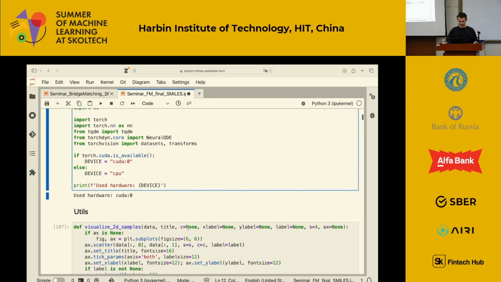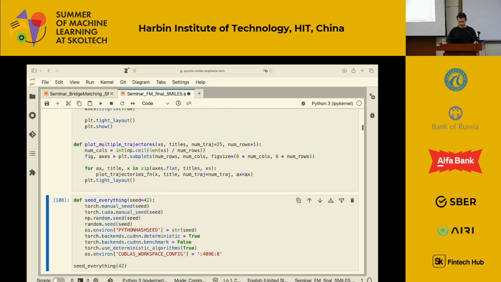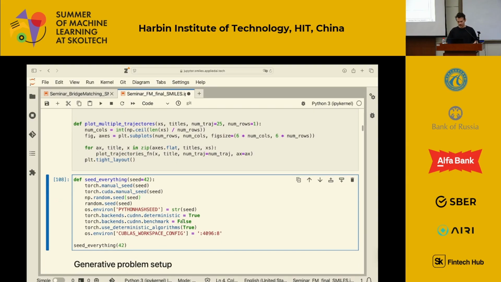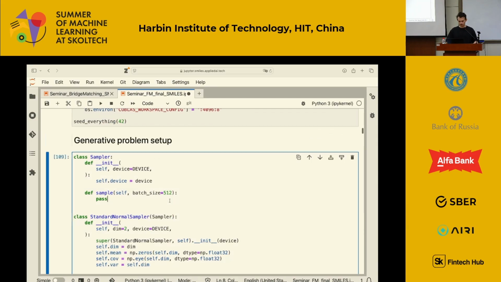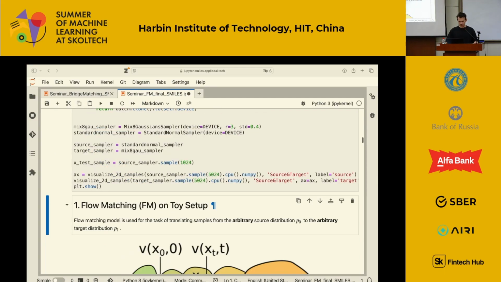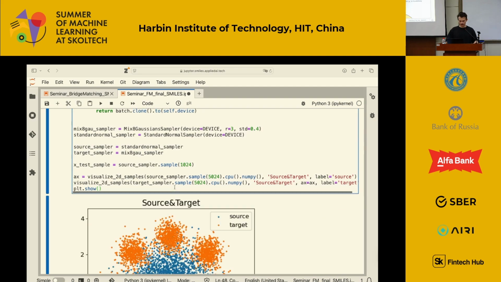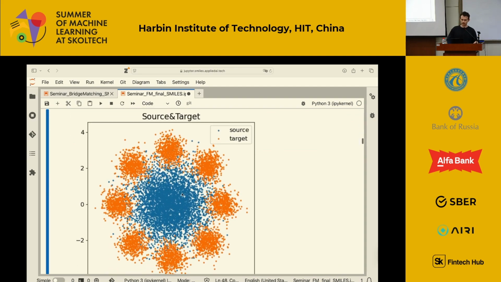first of all, let's start from some inputs and see the problem that we are going to solve as a toy problem. That will be a problem of generating 8 Gaussian distributions from one Gaussian distribution.